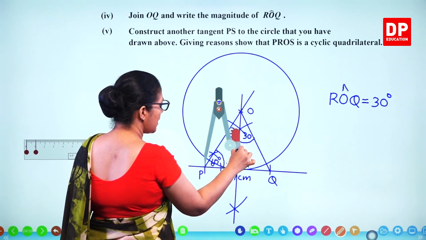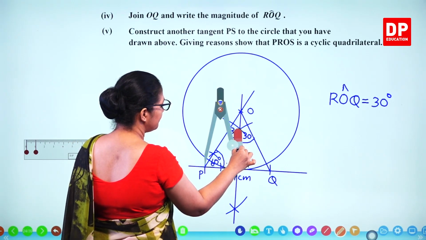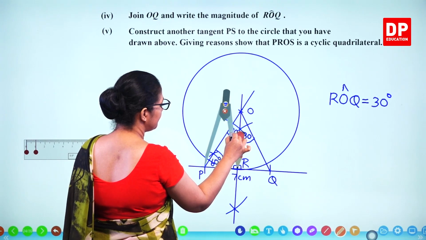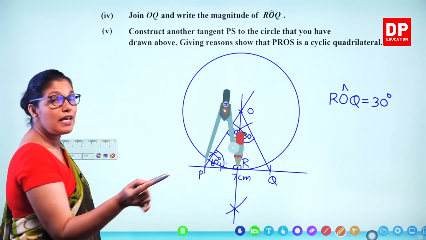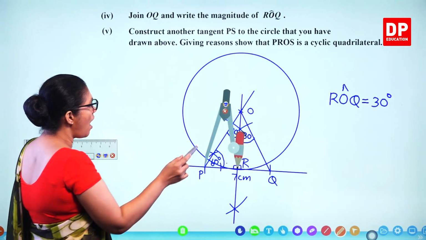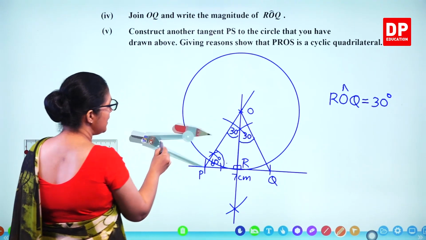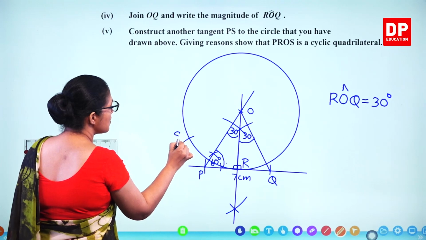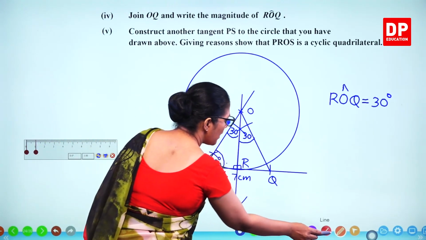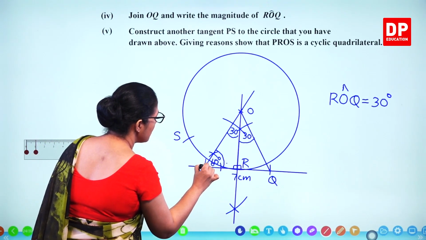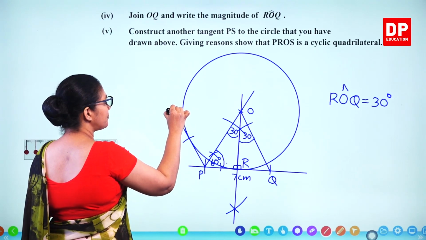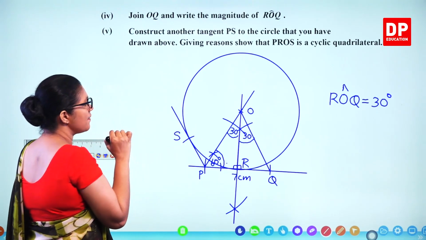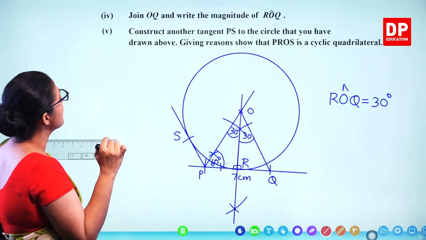So you can take the same length here. So this length should be equal. So PR length should be equal to PS. So we can find out the S point. So this is S point and we can draw the other tangent from P. That's the other tangent, PS.